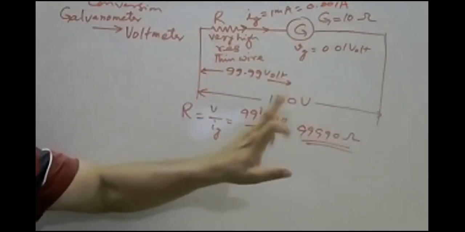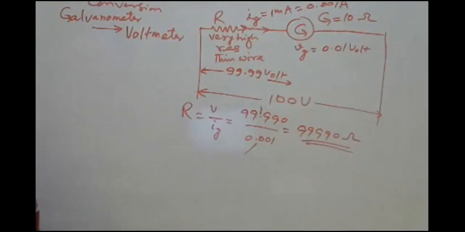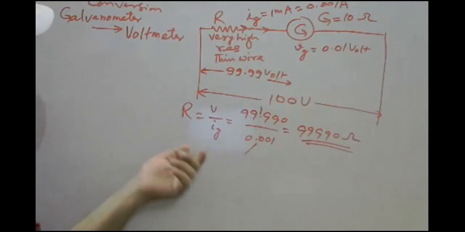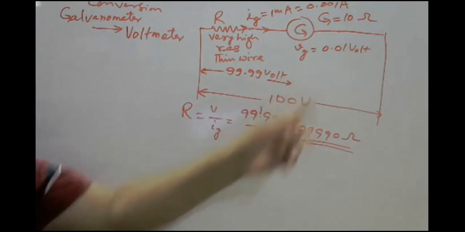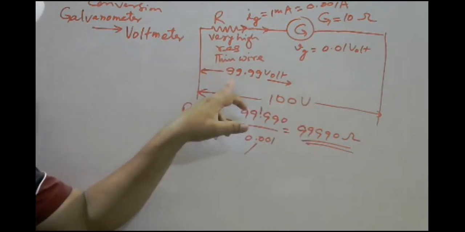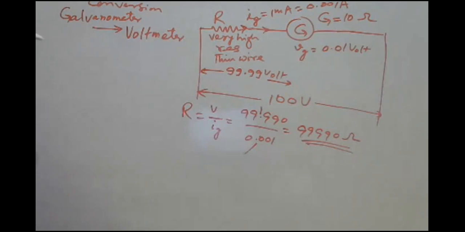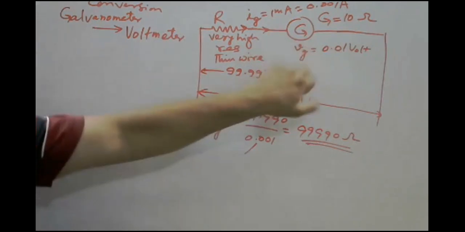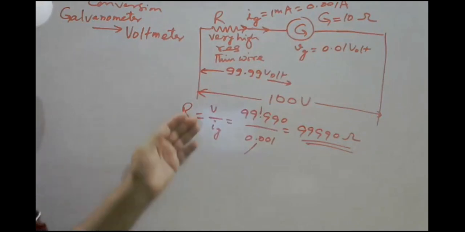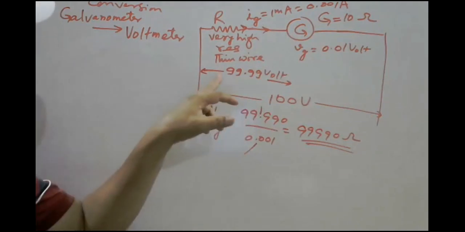It means from 0 to 100 volt, any voltage it can measure. Suppose we are interested in measuring 200 volt. It means 199.99 volt must be dropped here. Suppose we are interested in measuring up to 500 volt with the same galvanometer, 499.99 volt must be dropped in the series high resistance.